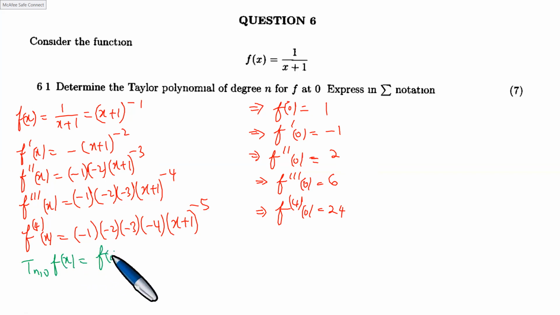It is f evaluated at 0, plus f primed at 0 times x. This is the formula for the Maclaurin series, or Taylor at 0. So the Taylor polynomial evaluated at 0 is called Maclaurin. So Maclaurin just means at 0. And therefore, this is x squared over 2 factorial.